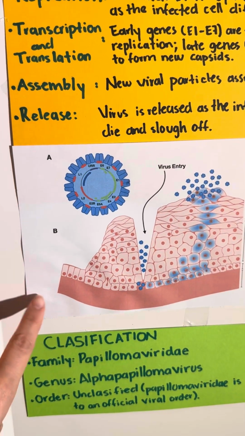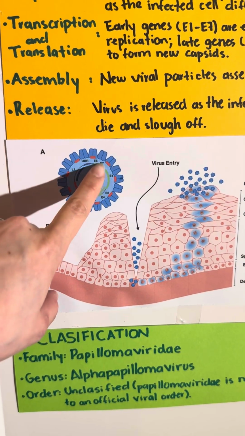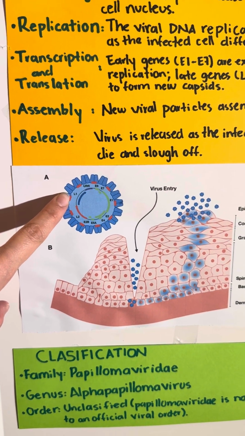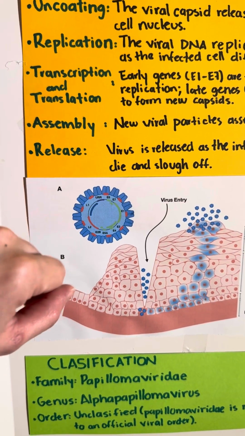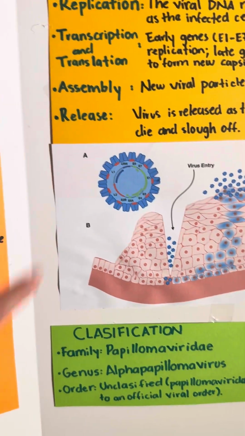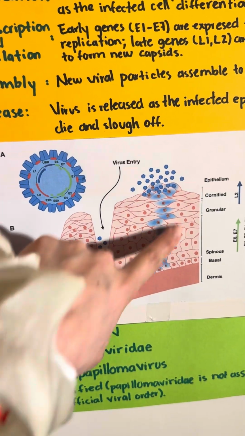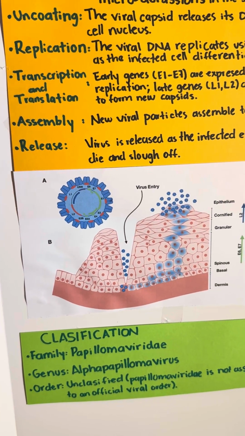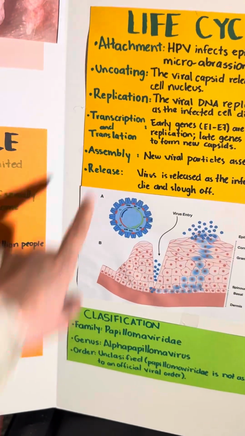I attach this picture of the life cycle, where you can find the L1 and L2 genes, as well as the E1 and E7, steps A and B. Here it is representing the membrane, the mucosa, the skin as well.